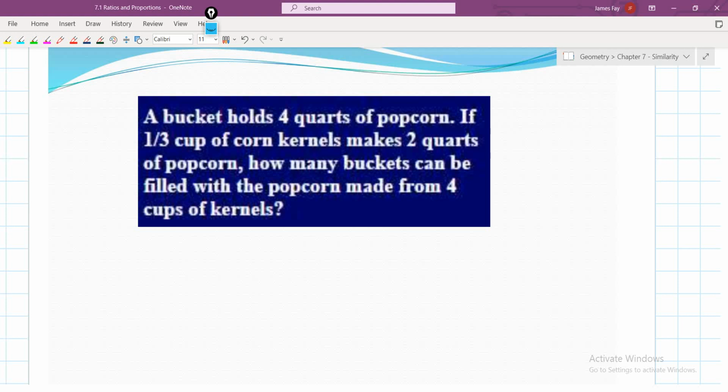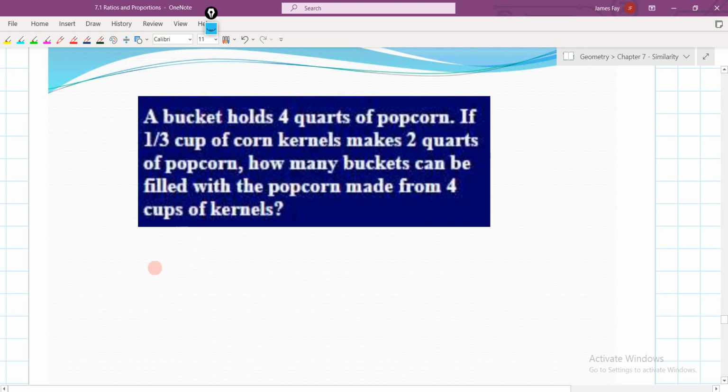Same idea here. Here it says a bucket holds 4 quarts of popcorn. If 1/3 cup of popcorn kernels makes 2 quarts of popcorn, how many buckets can be filled with the popcorn made from 4 cups of kernels? Okay, so I'm going to run through this.